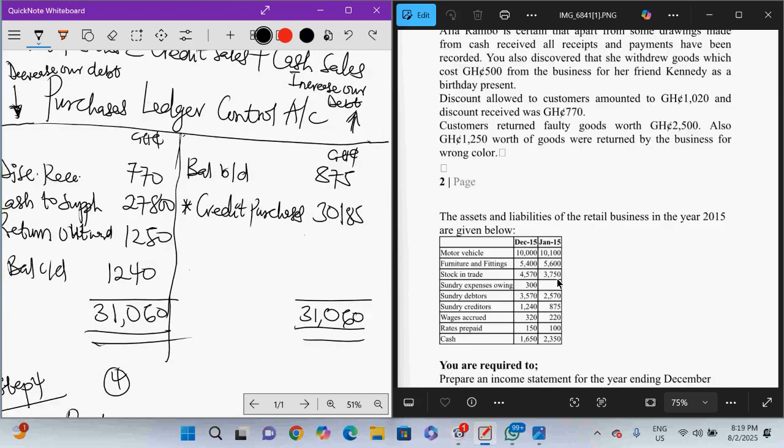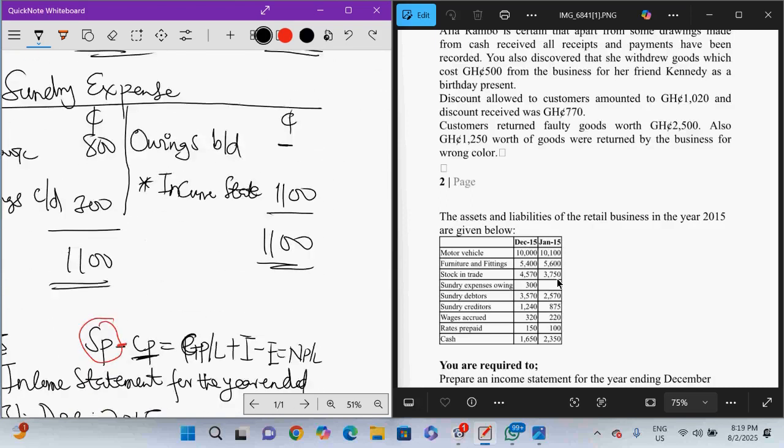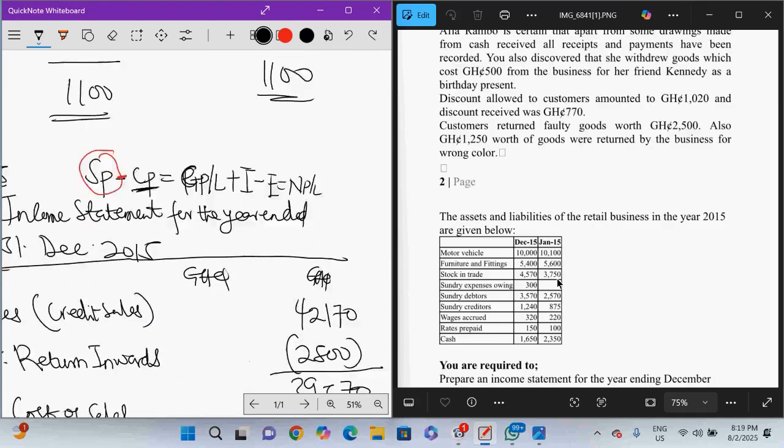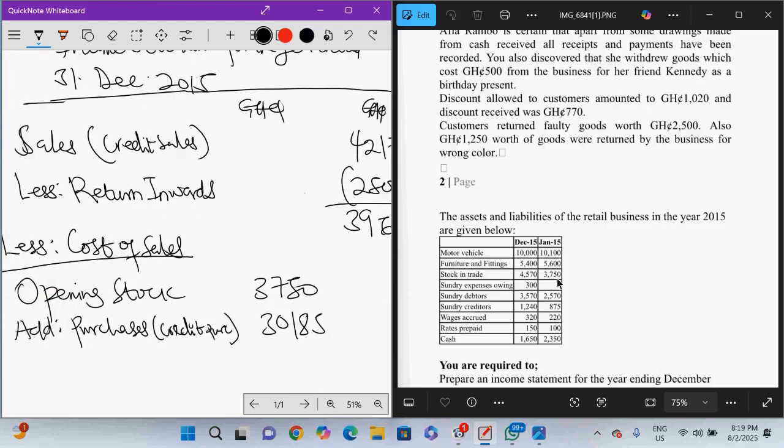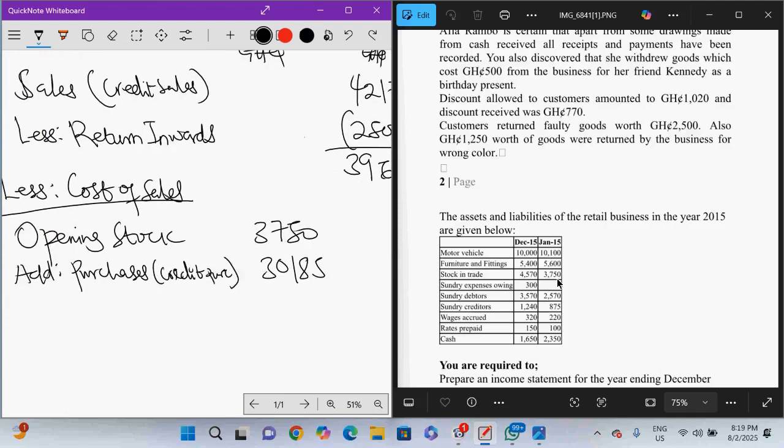What else? Less return outwards, if there is any return outwards.